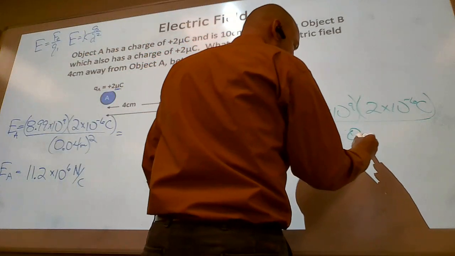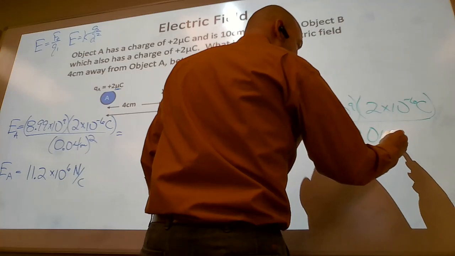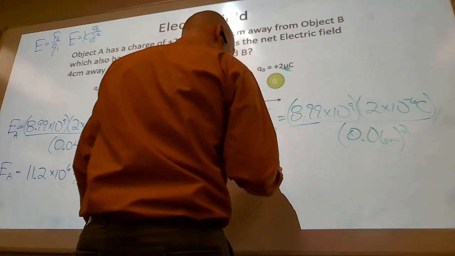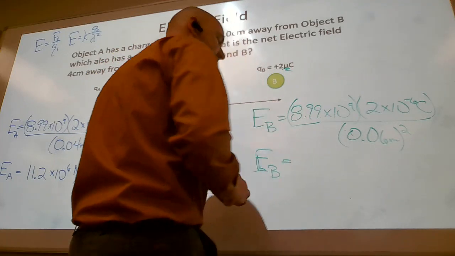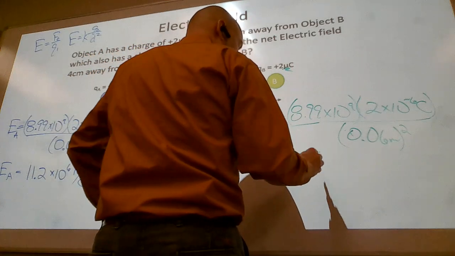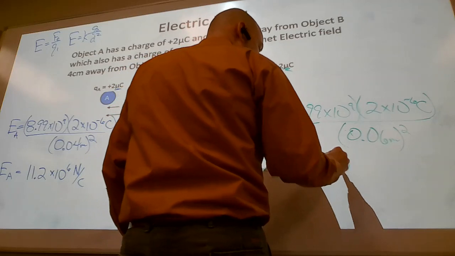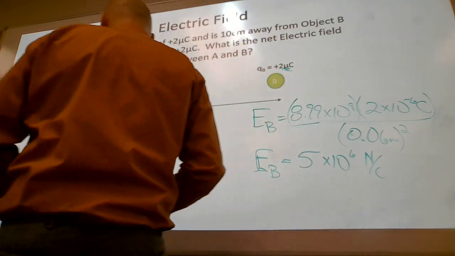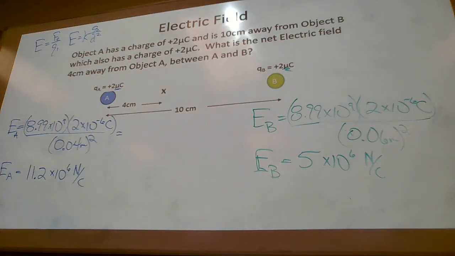You guys are rocking. And you find that to be equal to 5 times 10 to the 6th newtons per coulomb. So those are the numbers.